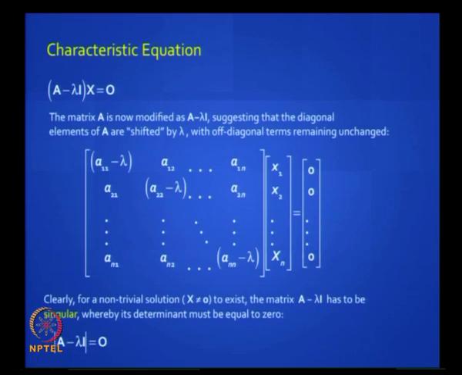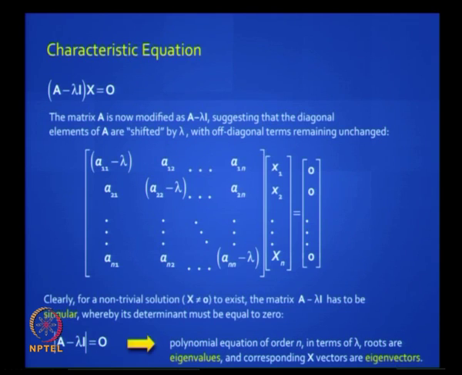Clearly for a non-trivial solution, A minus lambda I has to be singular, which means the determinant must be equal to 0. So this is how you have studied, and you end up with a polynomial equation of order n in terms of lambda.